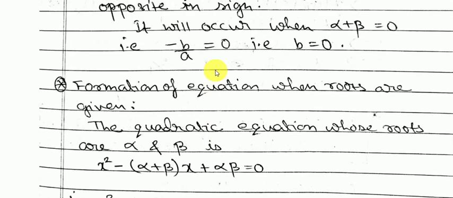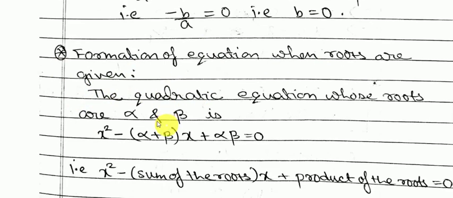Now next is formation of an equation when roots are given to you. Here you have been given that alpha and beta are roots. Suppose there is one quadratic equation, and I don't know what a is going to be, what b is going to be, or what c is going to be, but there is one quadratic equation whose roots are alpha and beta.